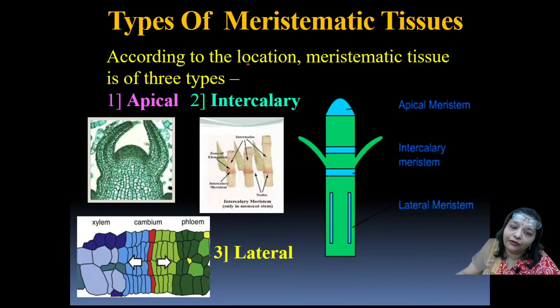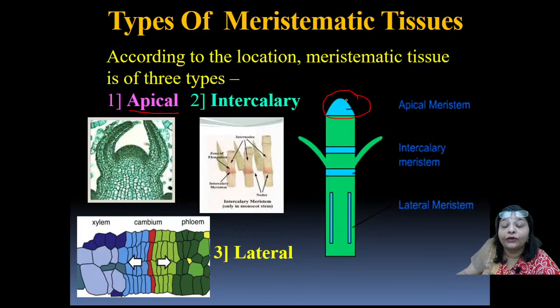Meristematic tissues are classified into three basic types based on their location, where they are exactly placed. Okay, they are apical meristem, intercalary meristem, and the lateral meristem. Apical meristem are generally found at the apex of the plant parts, like the stem tip, the root tip, the leaf tip.